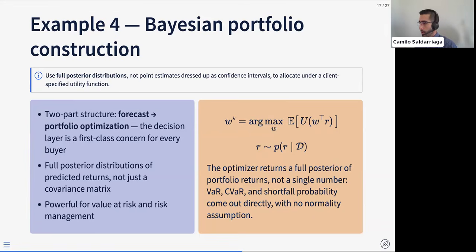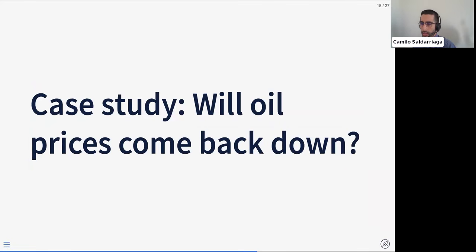This is a very good fit for a value at risk approach, or a conditional value at risk approach, and allows us to handle the problem with a bigger set of information and obtain definitely more interesting results. We will mention another very nice finance use case in a couple of slides. So we can continue.